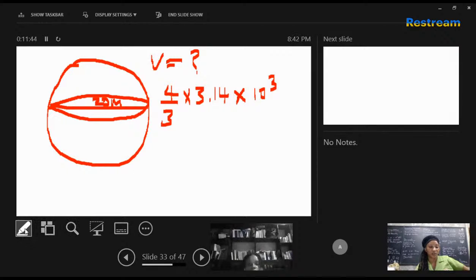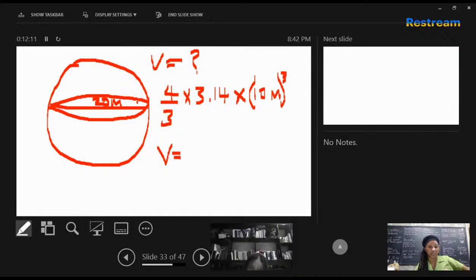What I should have done is make sure I don't leave out my units. So I'm going to put that in brackets and put my units and just cube everything. So this would give me what now? So the volume would be, should I just multiply everything?